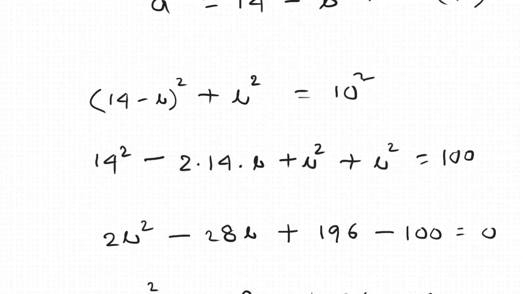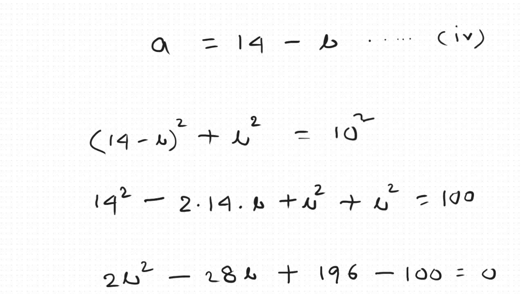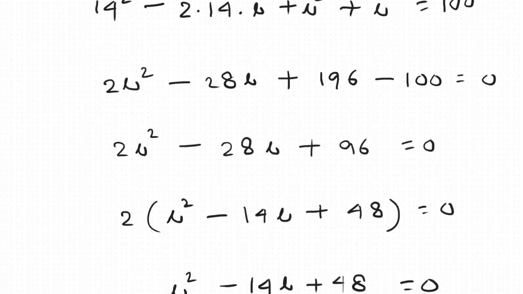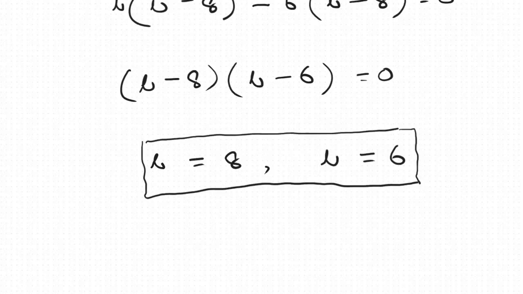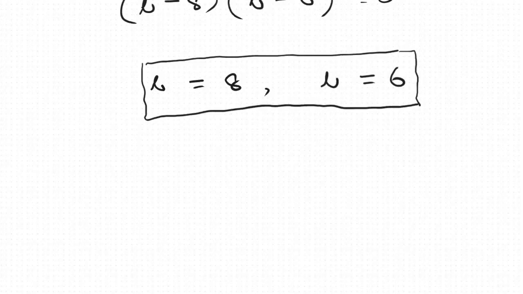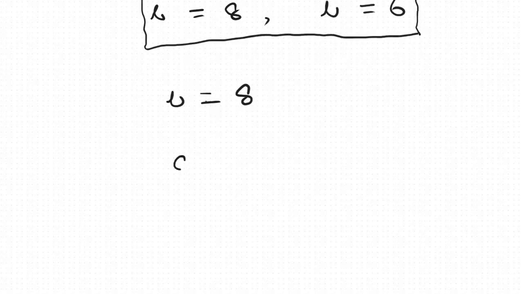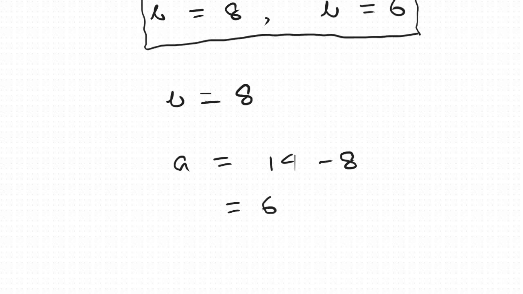If we put the value of B in equation number 4, we get the two values of A. When B equals 8, we get A equals 14 minus 8, which is 6.